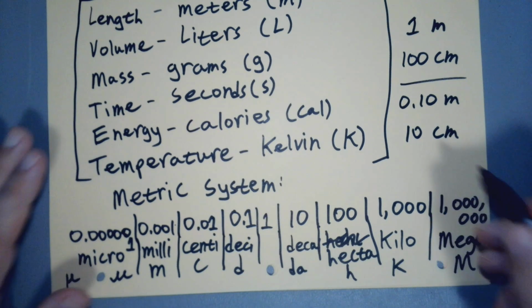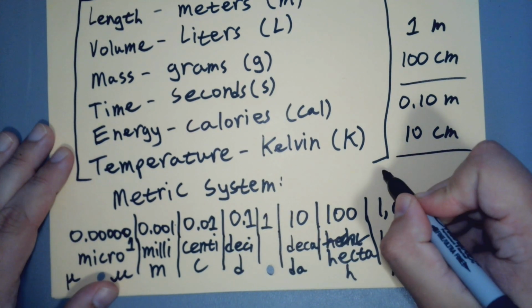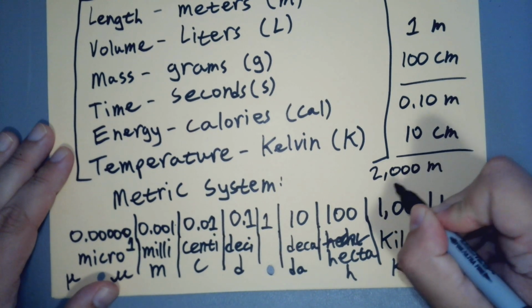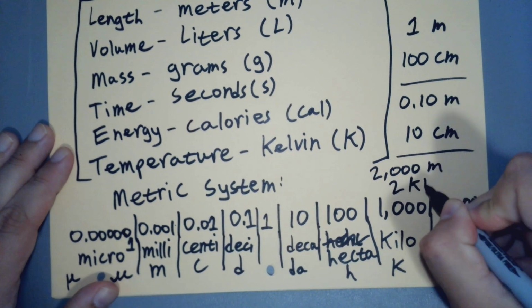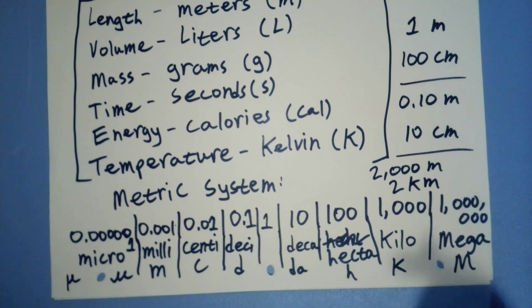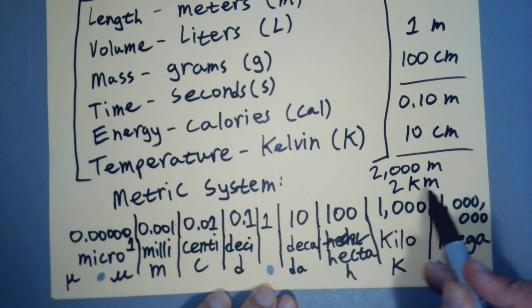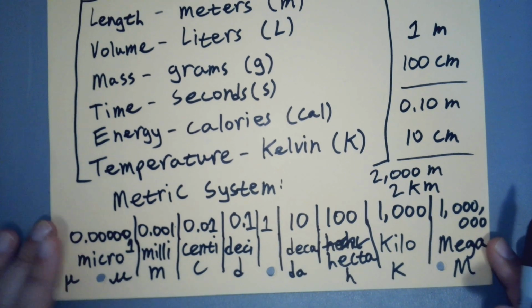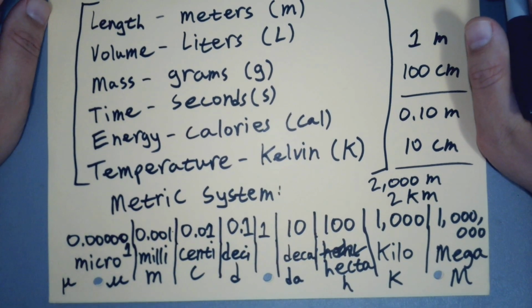Or if I'm dealing with large numbers, I could have something like 2,000 meters, and that is the same as 2 kilometers. So it just lets us write less. Look at all that writing I had to do. I got to save myself time, I got to save myself Sharpie ink. It's a win-win all the way around.